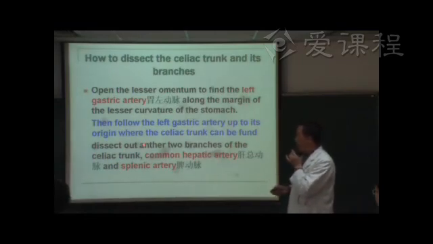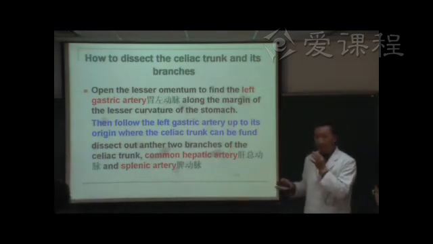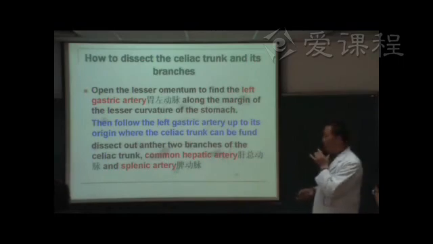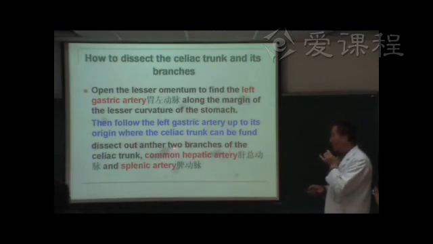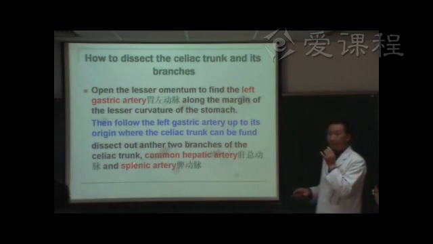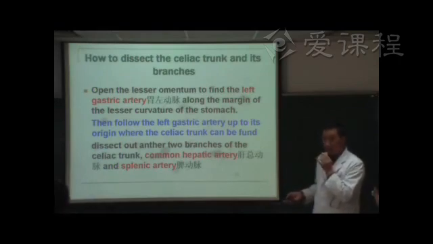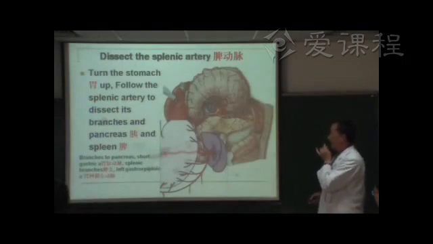After you have found the celiac trunk, you can further dissect out another two branches of the celiac trunk. One is the common hepatic artery, and another is the splenic artery.